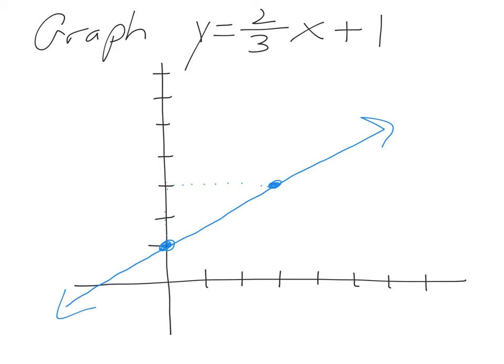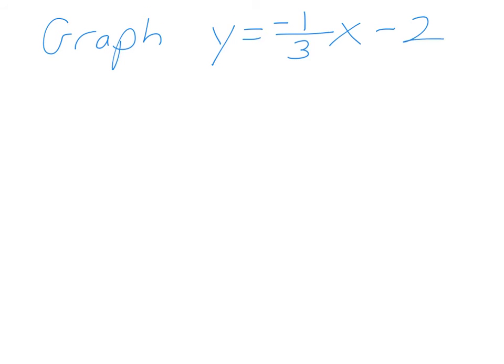Okay, let's have you try one on your own. I would like you to graph y equals negative 1/3 x minus 2. Pause the video and try to graph that equation.